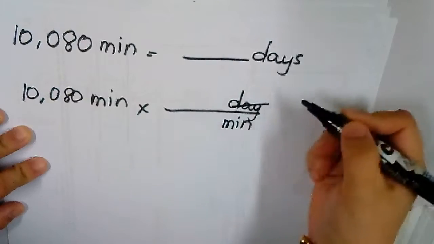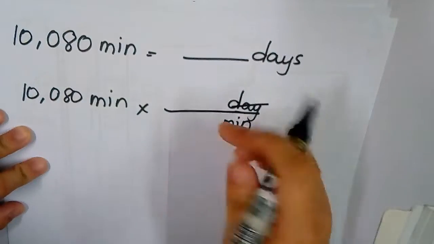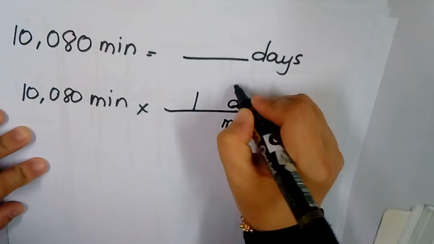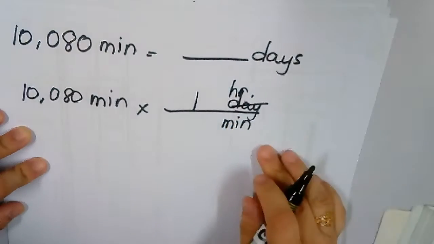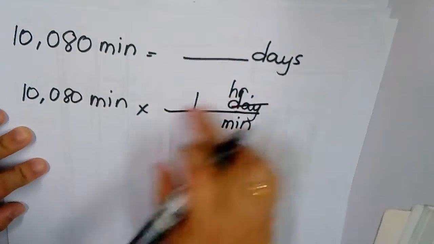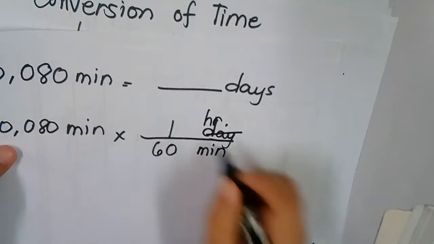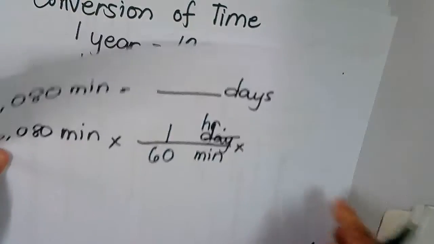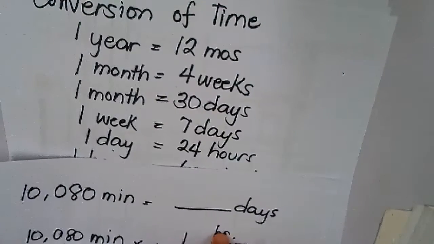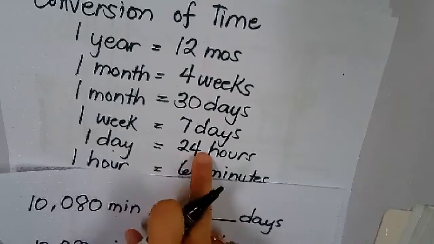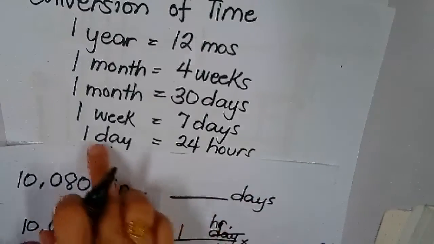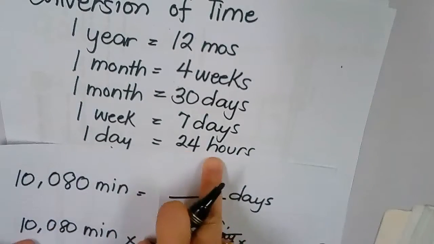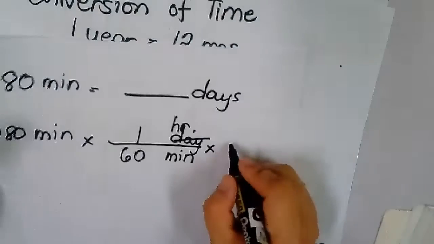So, how many minutes are there in 1 hour? Okay? So, in 1 hour, there are 60 minutes. Lagay natin dyan, 60. And then, ano yung susunod? So, may hour na tayo. Papunta naman tayo kay day. So 1 day daw, mayroong 24 hours.